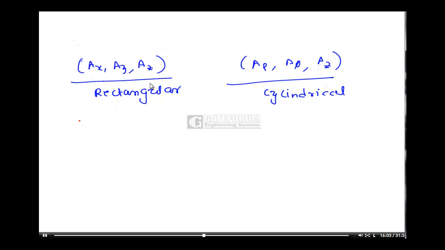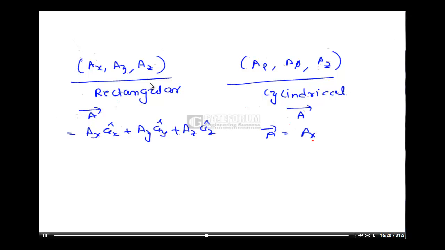So here a vector A bar is represented as A bar = ax bar + ay bar + az bar. Similarly here also a vector is represented as A bar = a rho bar + a phi bar + az bar.